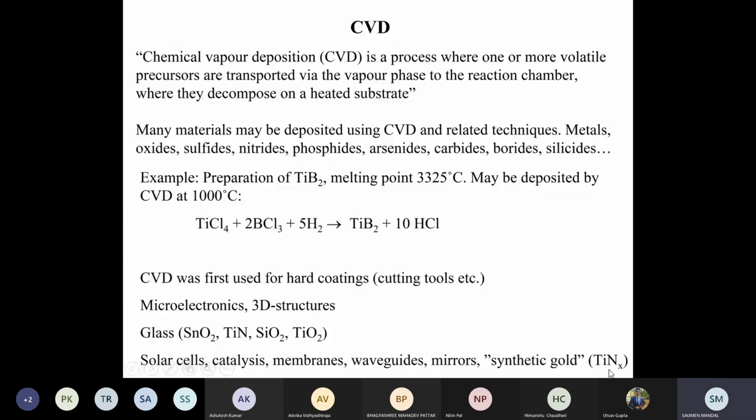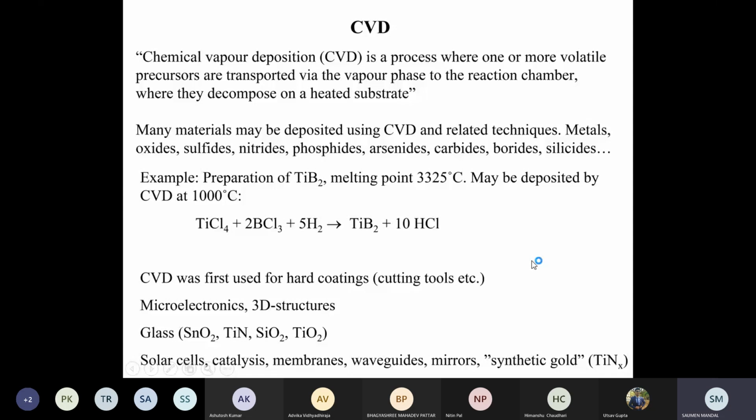This is titanium nitride. So this synthetic gold has multiple applications, like in a lot of ornaments and watches. You can see that it's a golden color, but it's not gold, because the cost of a gold coating is not feasible. Also, if you make a gold coating, it may not be that robust.